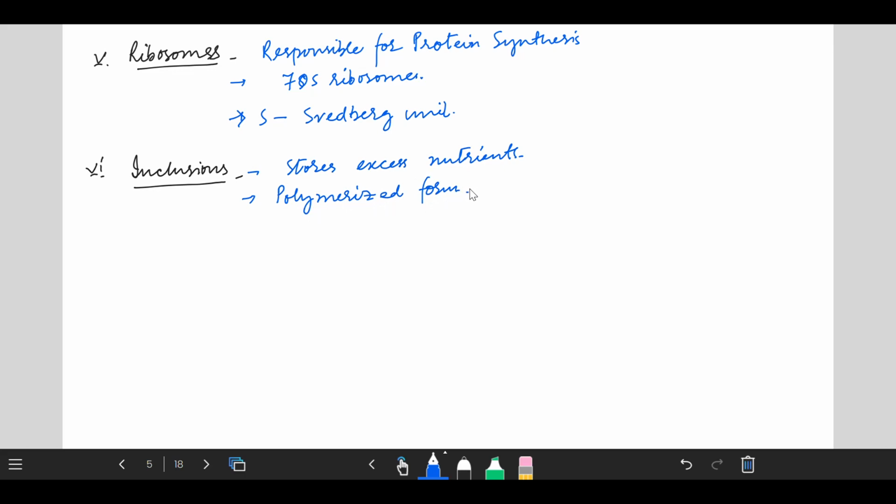Because it reduces the buildup of osmotic pressure that occurs as a cell accumulates solutes. They can store glycogen, starches, or volutin granules, also called metachromatic granules, etc.